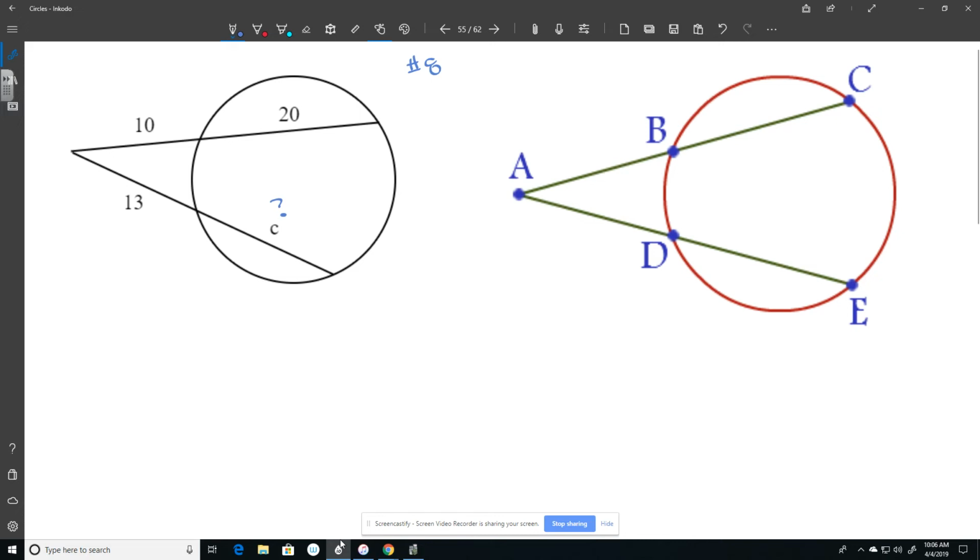One of the things that we can use to do that is some information I know about these intersecting lines. So you have two lines that intersect the circle.